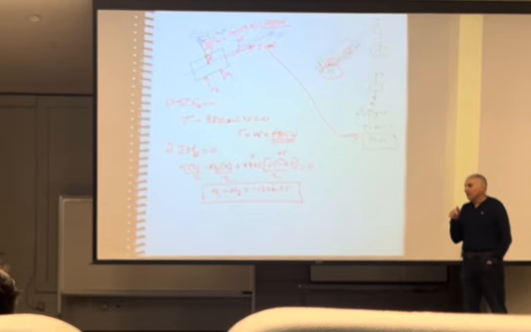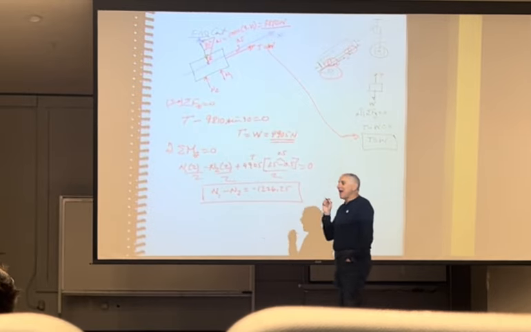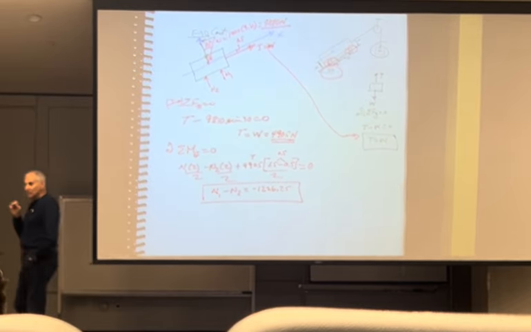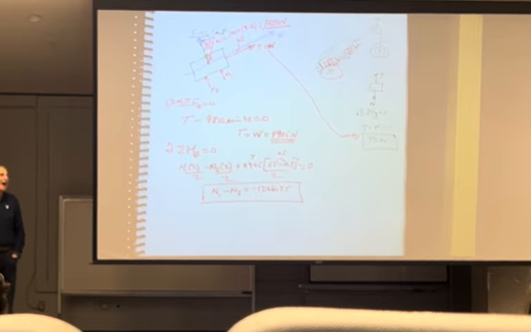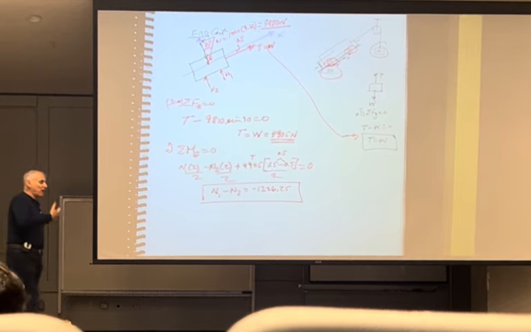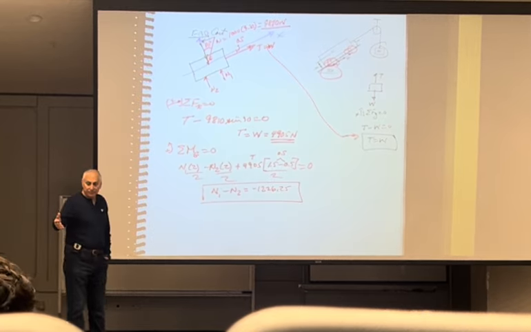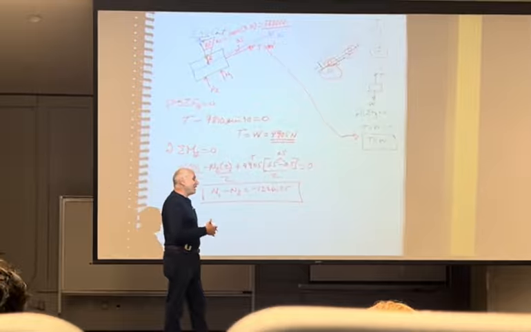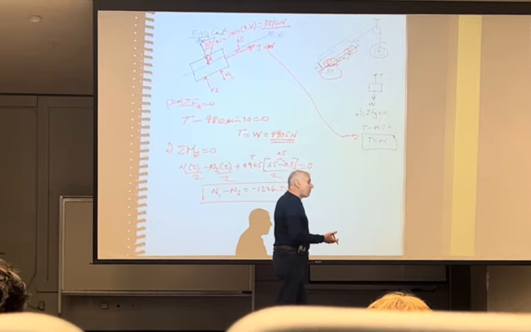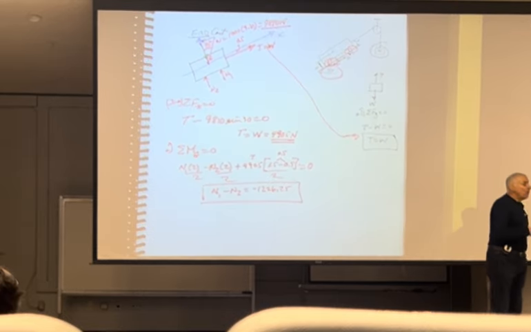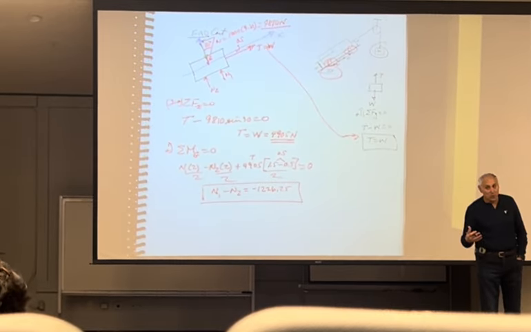Here's the point. You took a moment at G, correct? Where should I have taken a moment? Maybe the left end of the cart. Maybe I should take a moment which eliminates as many unknowns as possible. Maybe I should take a moment at N1, or maybe N2.